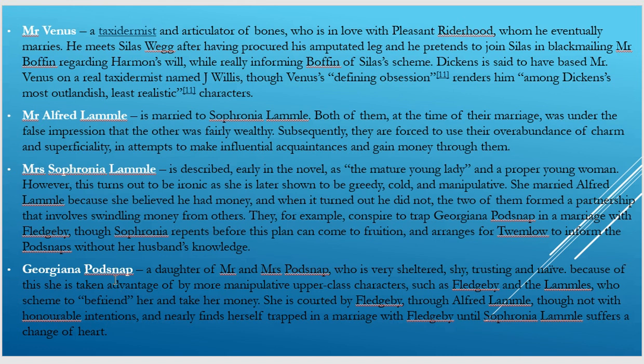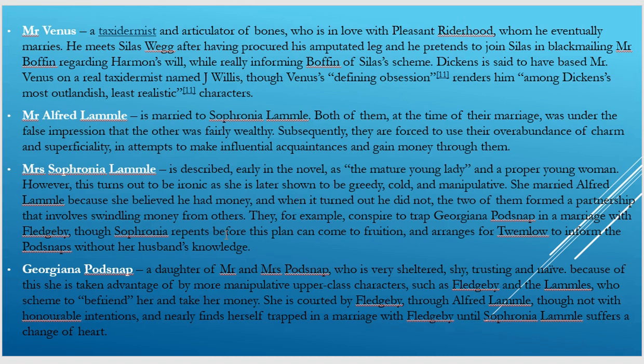We have Georgina Podsnap, daughter of Mr. and Mrs. Podsnap, who is very sheltered, shy, trusting, and naive. Because of this, she is taken advantage of by more manipulative upper-class characters such as Fledgeby and the Lammles, who scheme to befriend her and take her money. So it's all about financial problems, money.